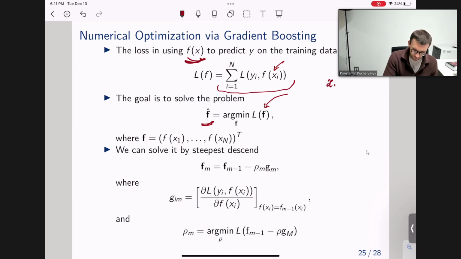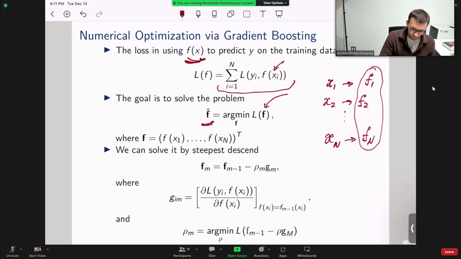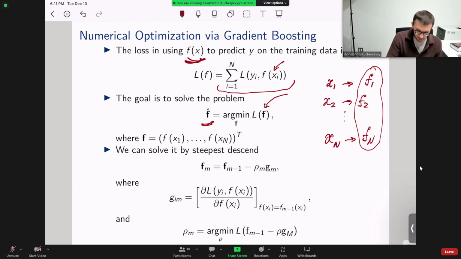So for the first observation, we choose value f1, for the second f2, and so on. And that will be our vector of values.